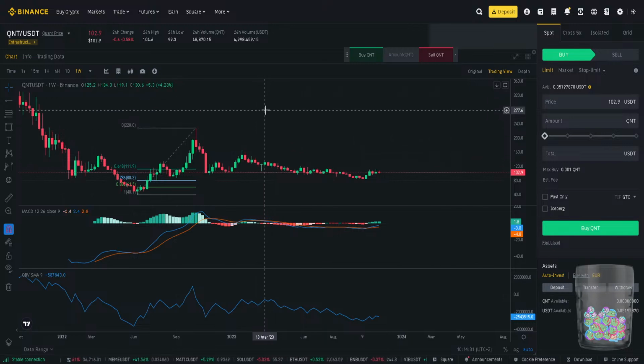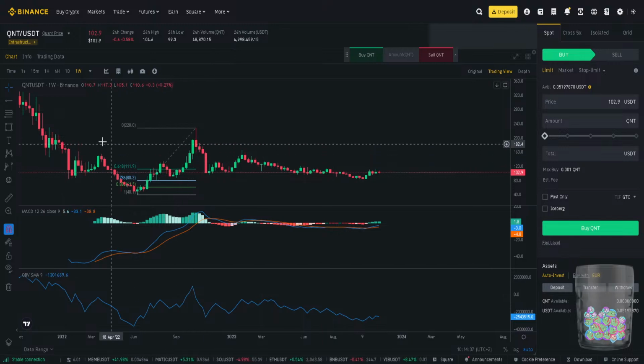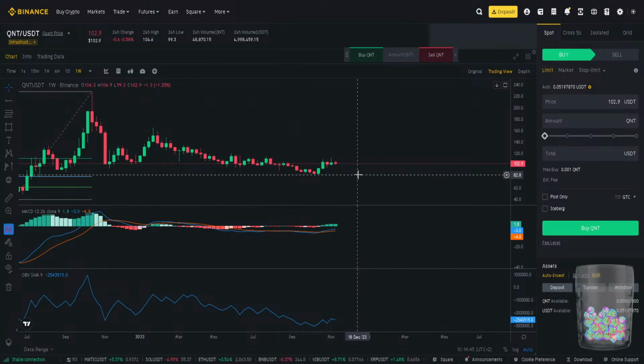What about Hedron and Icosa? Let me know on what chain you want me to take a look at. Do you want me to take a look at Ethereum or on Pulse chain? QNT is on new lows.